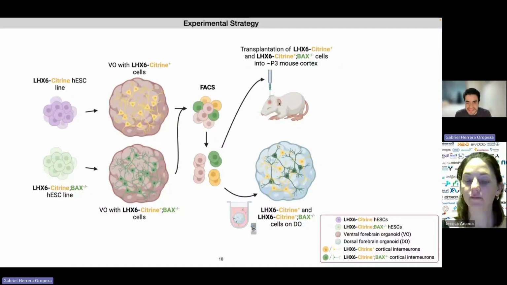A dorsal organoid basically recapitulates the cortical part of the brain, which is the final destination of cortical interneurons. So in theory we would need ventral organoids to generate the interneurons, and a dorsal organoid to transplant the interneurons into.